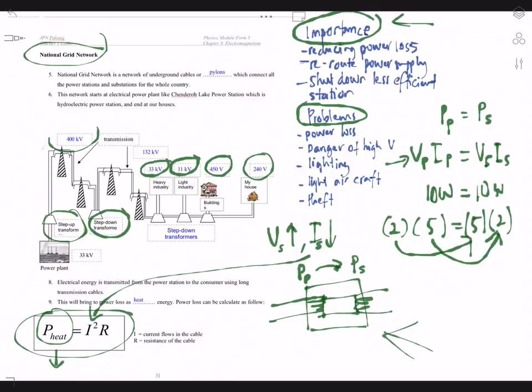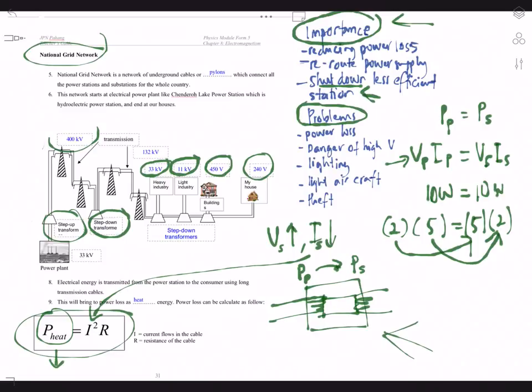And we can also shut down a less efficient station at that particular time. For example, at night, not many factories are in operation, so we can shut down some stations because not a lot of electricity is used.